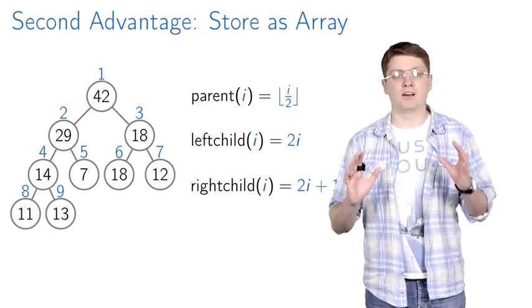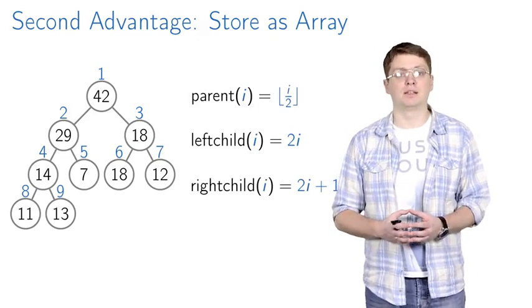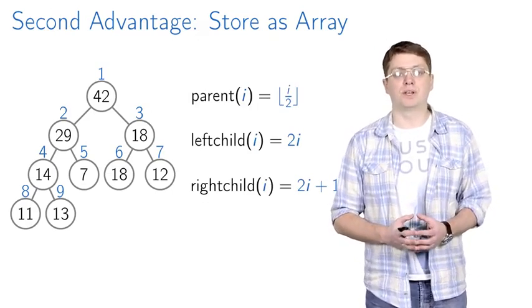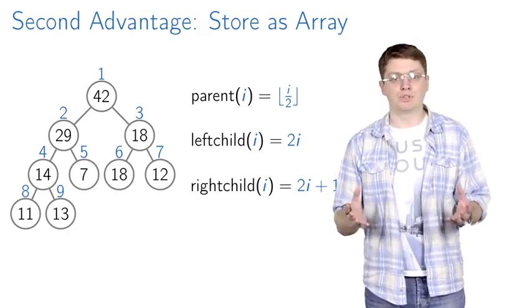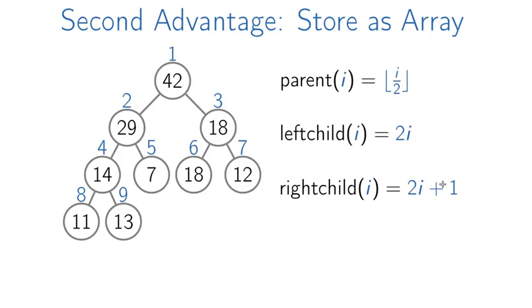Once again, if we have a node number i, then its parent has number i divided by 2 and rounded down, while its two children have numbers 2i and 2i plus 1. To give a specific example, assume that i is equal to 4, which means that we are speaking about this node. Then, to find out the number of its parent, we need to divide i by 2. This gives us 2.